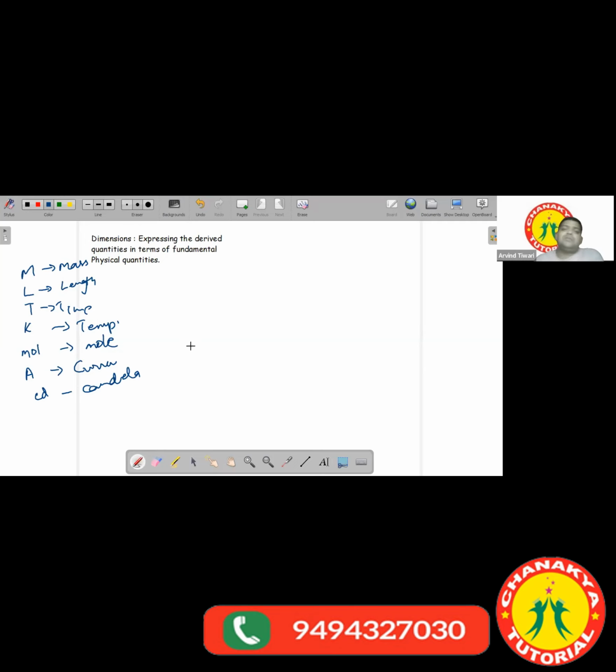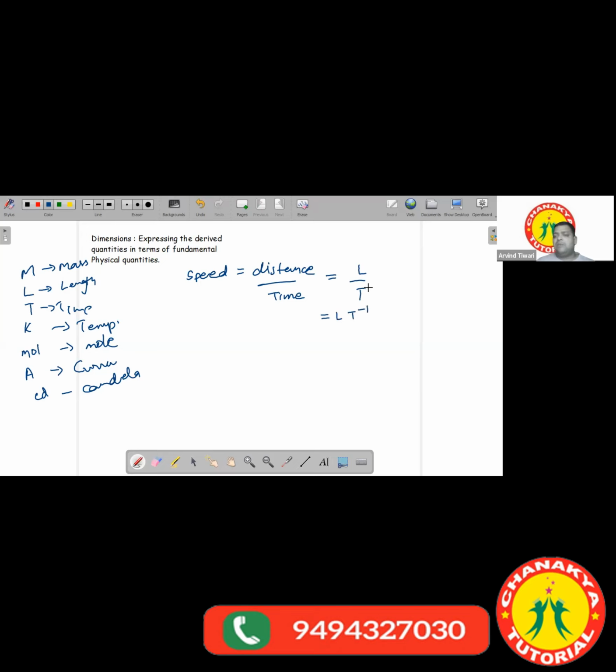Let us see. Suppose I want to find the dimensions of speed. Speed is defined as distance per unit time. Distance will be measured as length, so we write it as L, and time as T. So we can write speed as L T to the power minus 1.